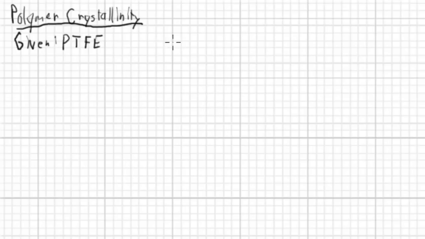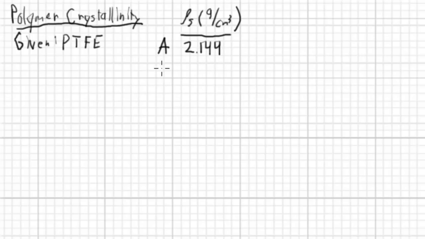We are also given the density of the sample, which can be relatively easy to determine and is usually measured in grams per cubic centimeter. We have two samples, and one has a density of 2.144 grams per cubic centimeter, and another one has 2.215.